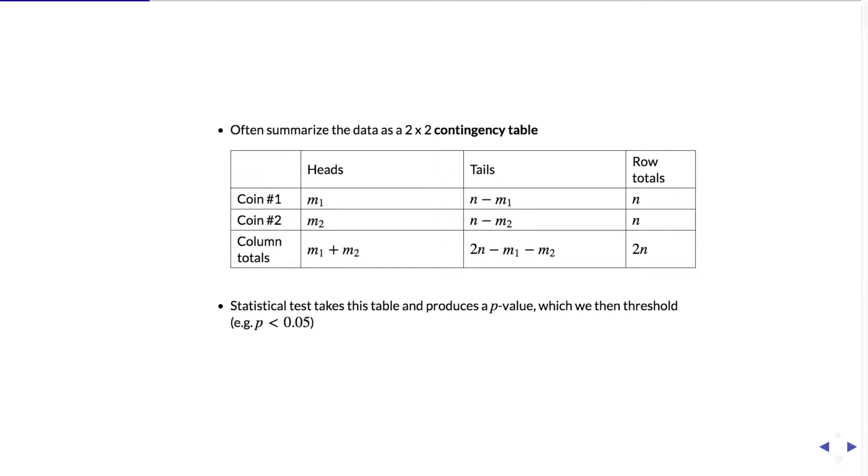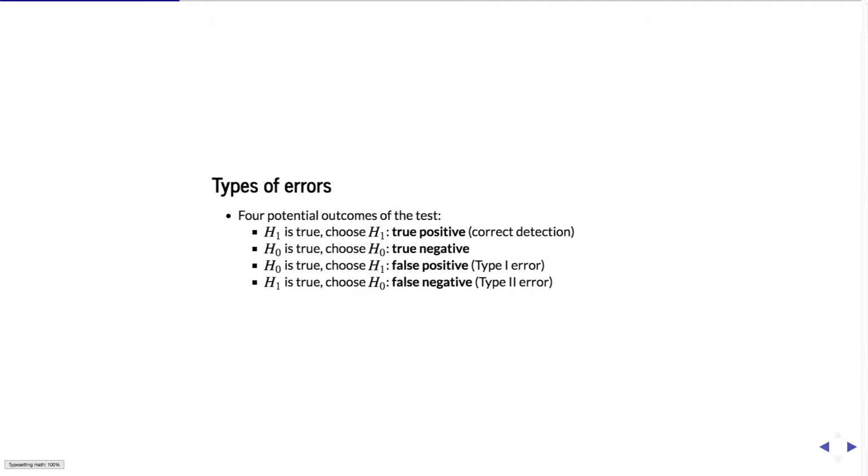If you do the row and column totals, a lot of times they'll compute statistics based on these totals, which is one way to get around not knowing exactly the probabilities. But at the end of the day, the statistical test is going to take this table, the data, and produce a p-value, which we're then going to threshold, often arbitrarily at 0.05, because that's a convention, and there's all sorts of controversy that's emerged around that.